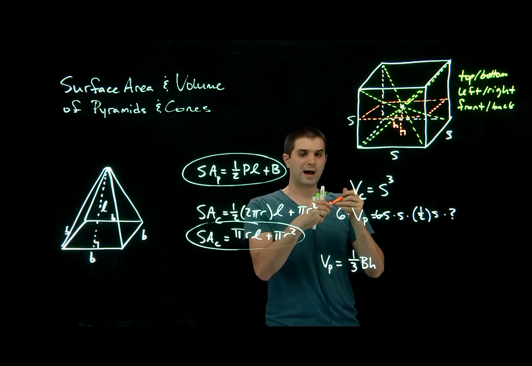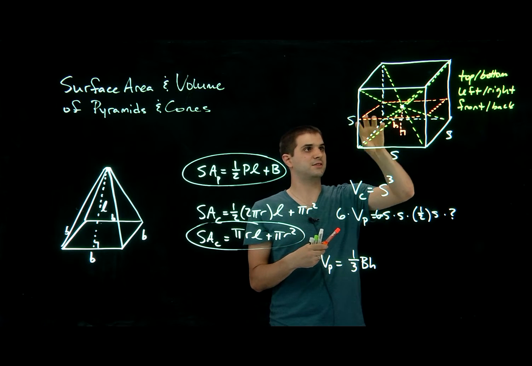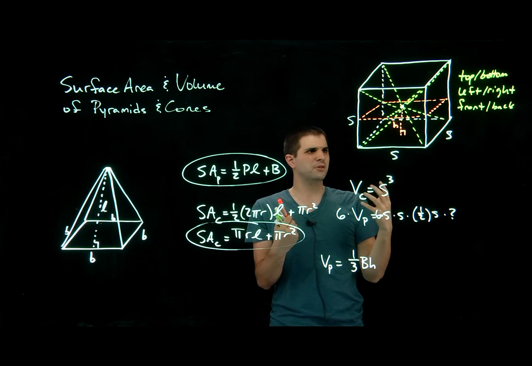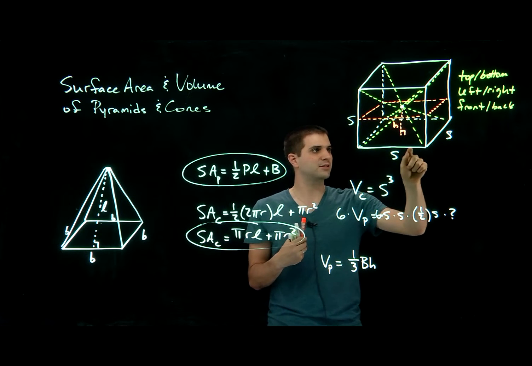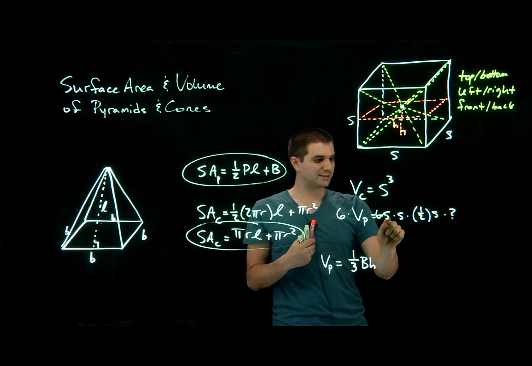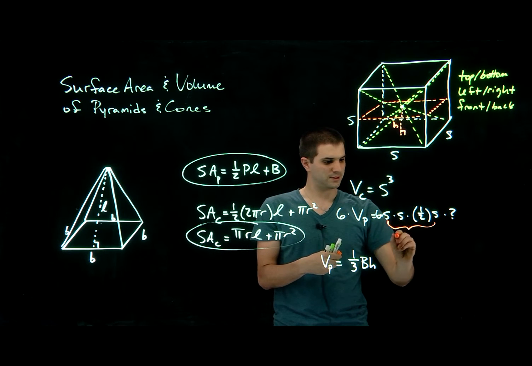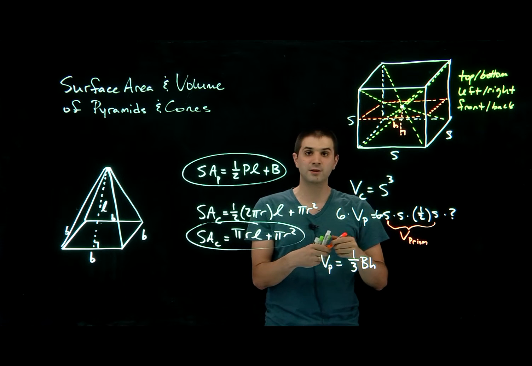What I'm arguing is that this lower prism is some factor of length times width times height, because length times width times height equals the volume of the prism.